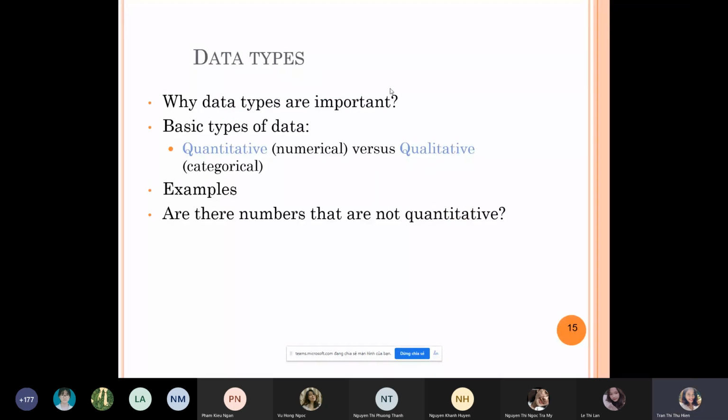So the question here is: are there numbers that are not quantitative? Yes or no? Yes. Where?